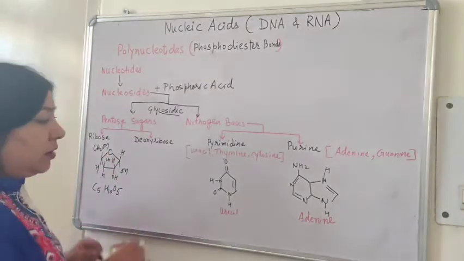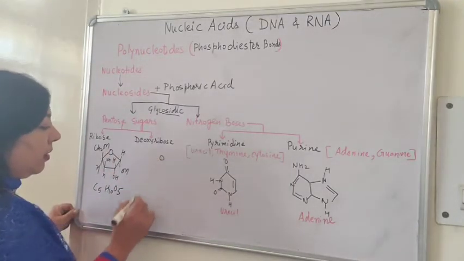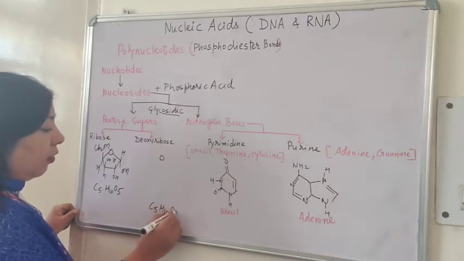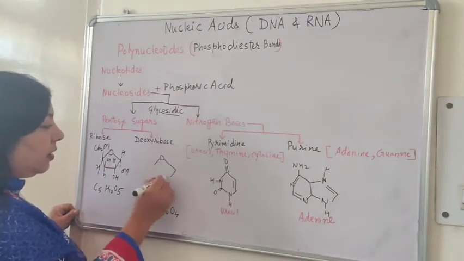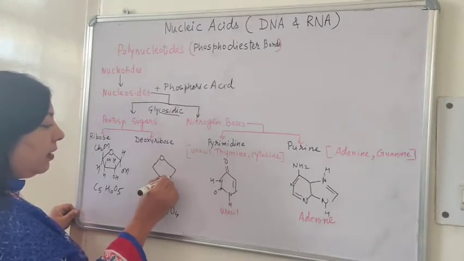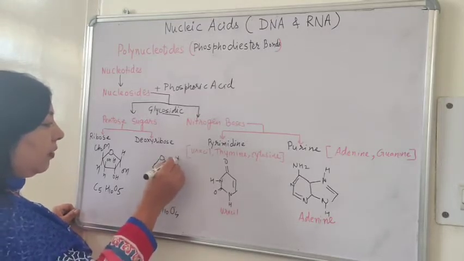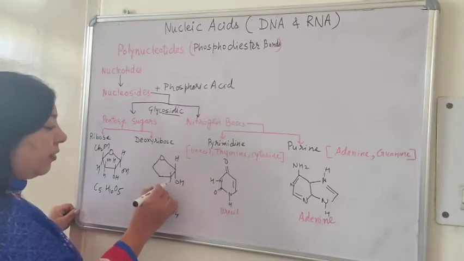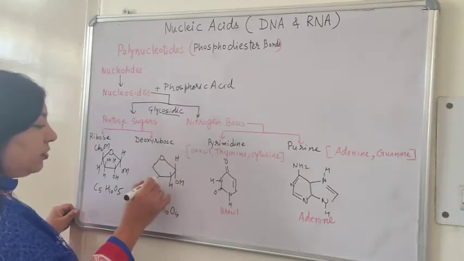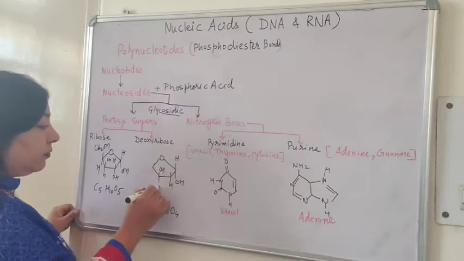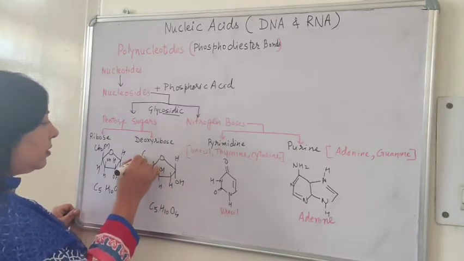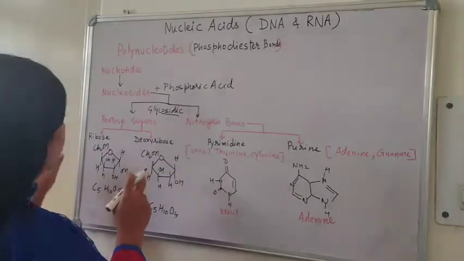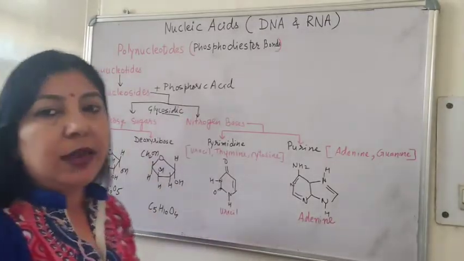Likewise, deoxyribose is similar, having the formula C5H10O4. So the structure is slightly different only with one hydroxyl group. Instead of one hydroxyl group, here is only H. Otherwise, the structure is same. So these are ribose and deoxyribose.